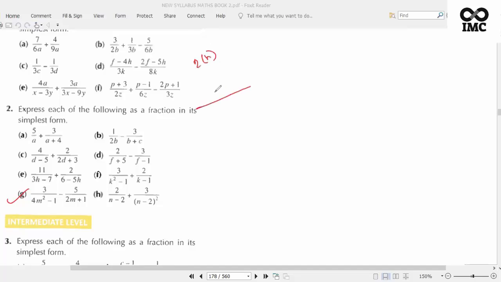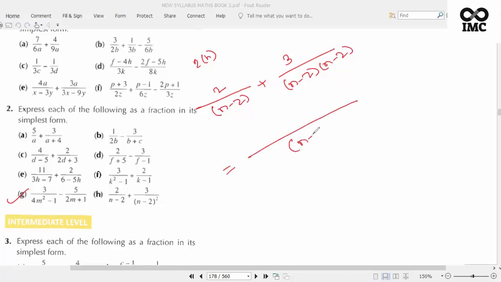Now h. Look, 2 divided by n minus 2 plus 3 divided by n minus 2 whole square. That means n minus 2 into n minus 2. Okay. So what is the LCM? n minus 2 into n minus 2. That means n minus 2 whole square. Now here n minus 2 whole square. But here one n minus 2 has been given.